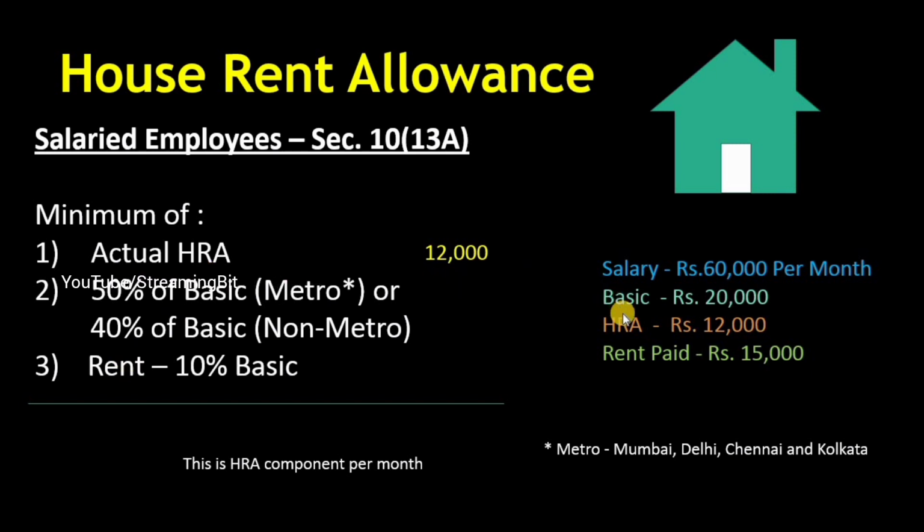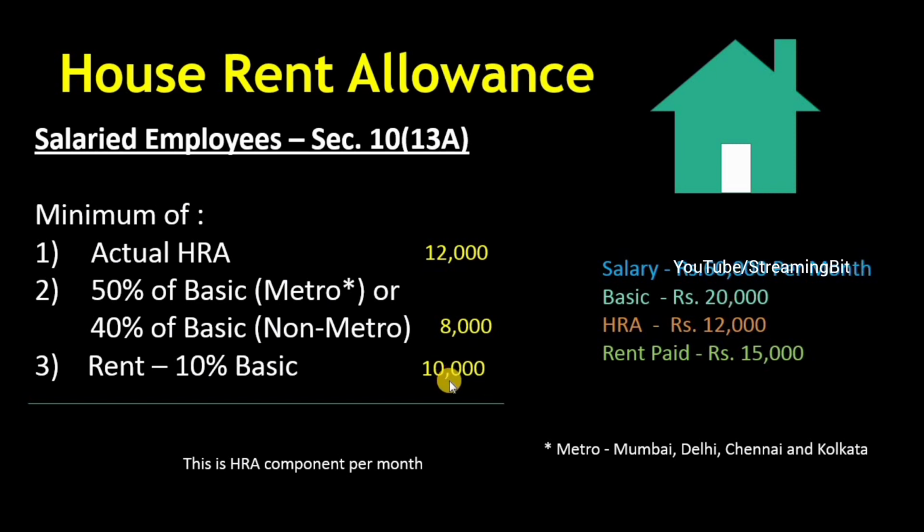The actual HRA would be 12,000, and we'll consider that the individual is residing in a non-metro city. So 40% of basic, that is 40% of 20,000, is 8,000. And rent minus 10% of basic: rent is 15,000 minus 10% of 20,000, so that calculation comes to 10,000.